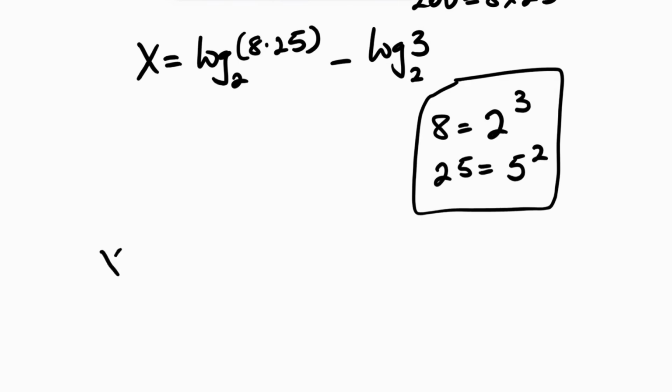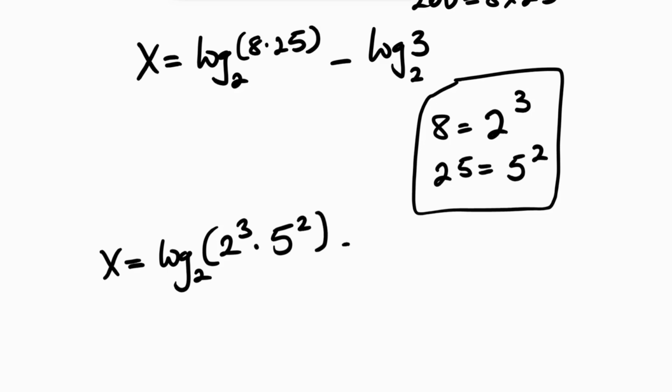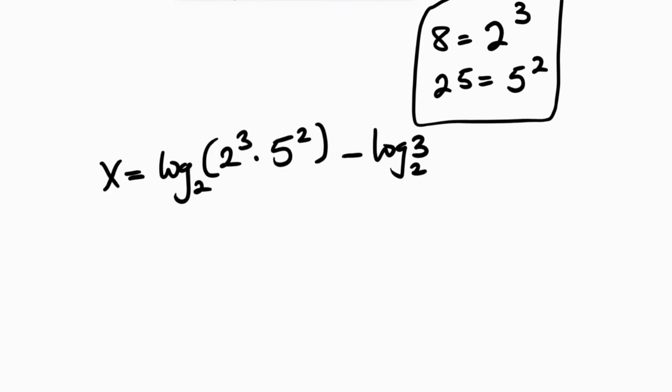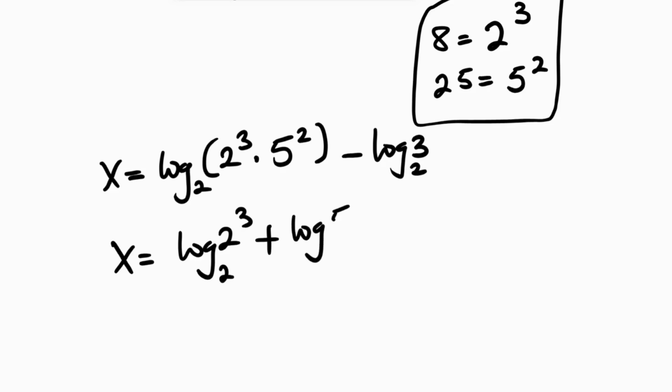So now we have x equals log of 2 raised to the power 3 times 5 raised to the power 2 base 2 minus log 3 base 2. So let's break this up. This becomes log of 2 raised to the power 3 base 2 plus log of 5 raised to the power 2 base 2 minus log of 3 base 2.